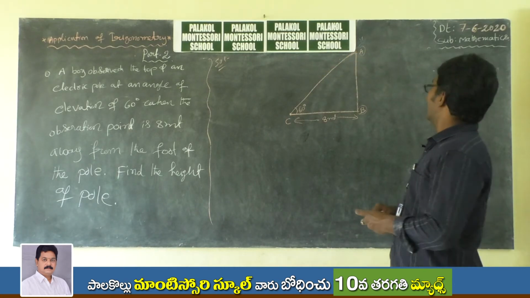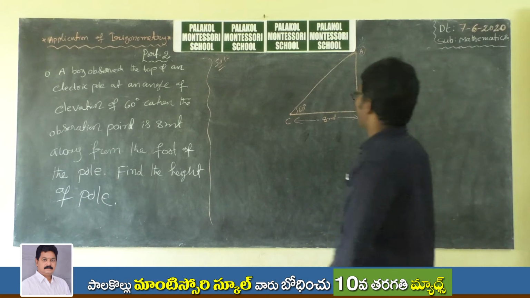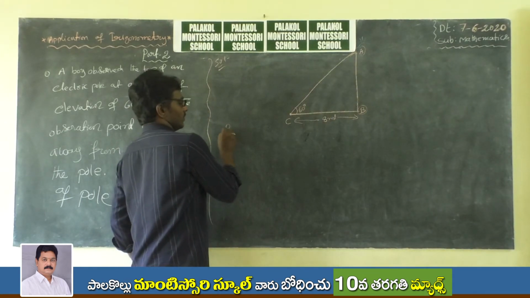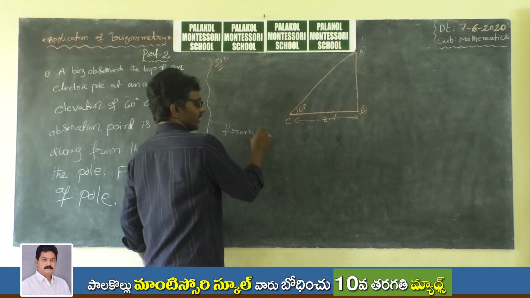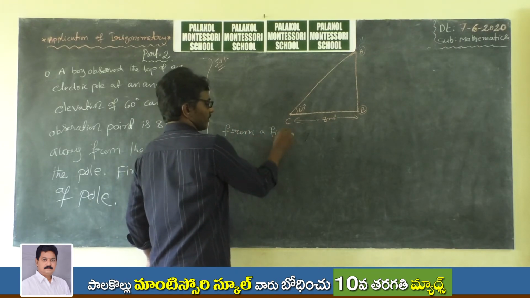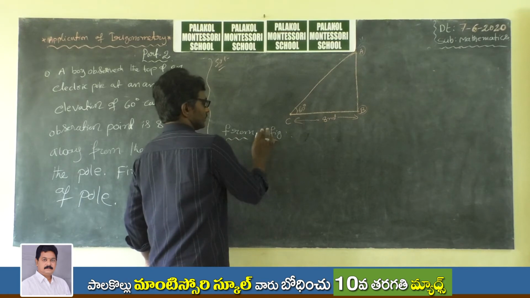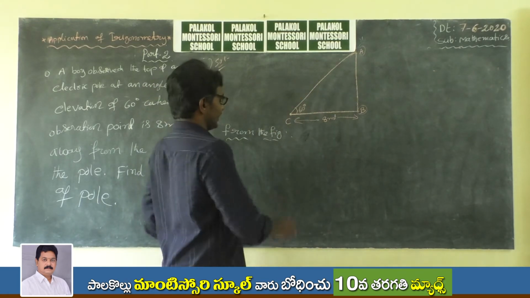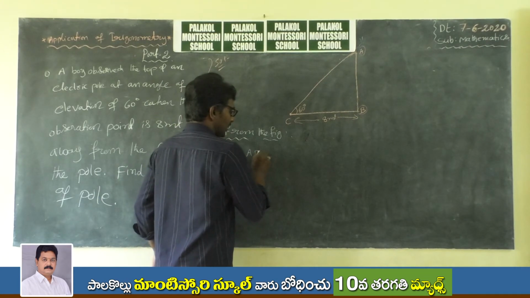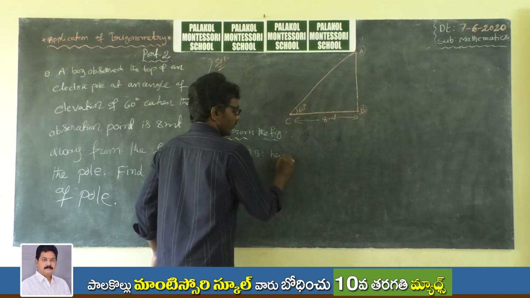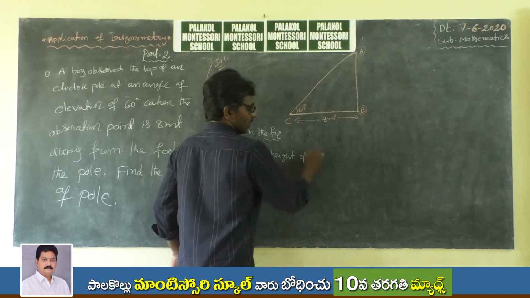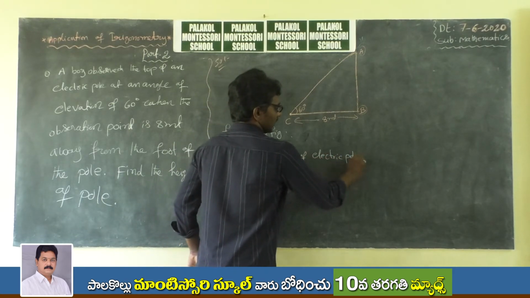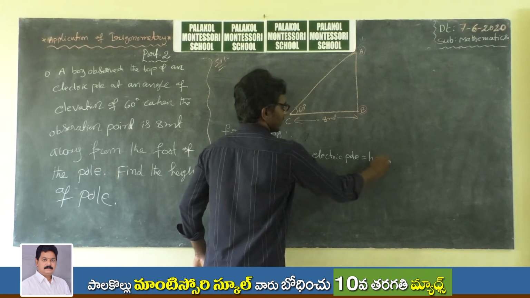Next, I write some points from the diagram. See, from the figure, this indicates that AB is the height of the electrical pole, that is equal to H meters.